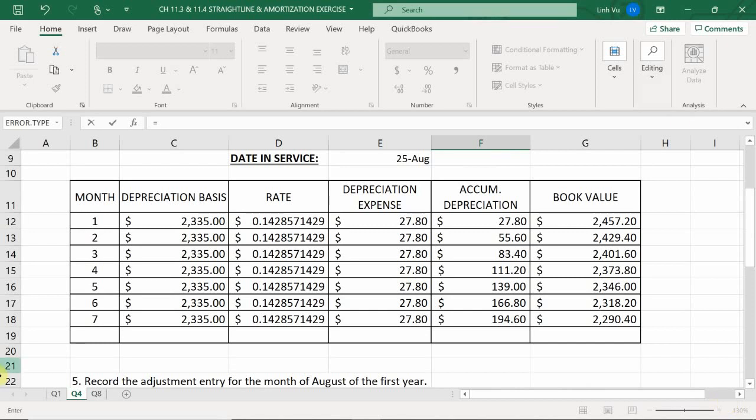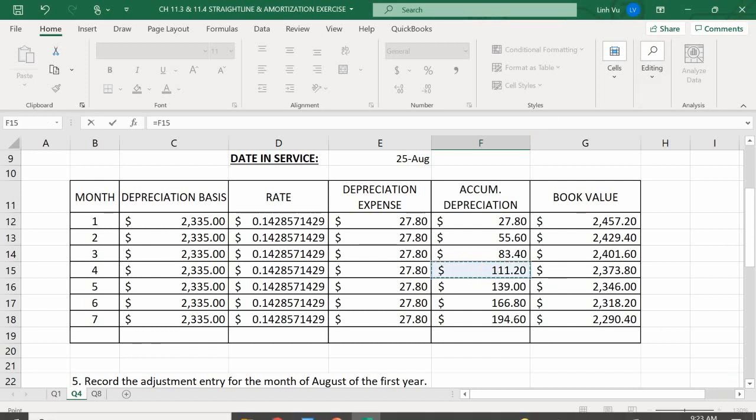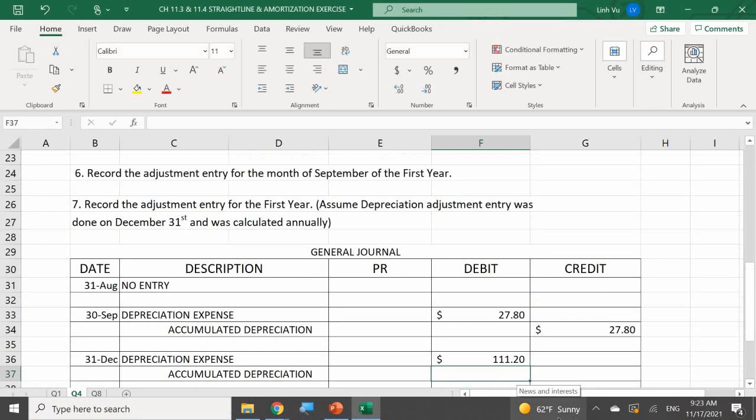Yes. If I look here, right after 4 months, September, October, November, December, at the end of this, my accumulated depreciation, so basically all the depreciation expenses that happened between those 4 months, have accumulated up to 111 and 20 cents.